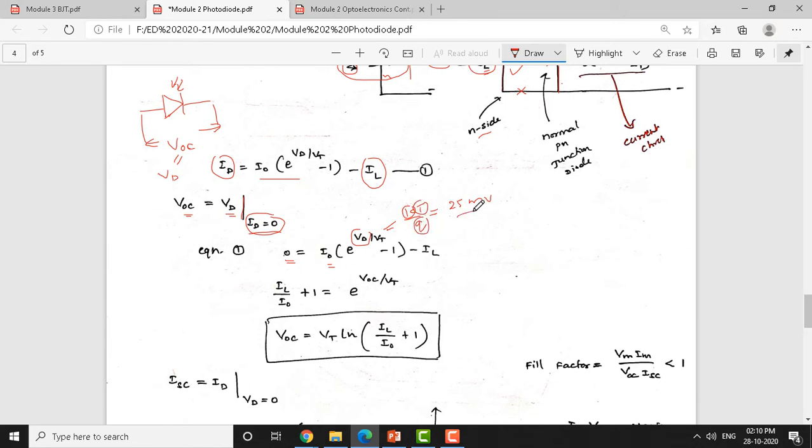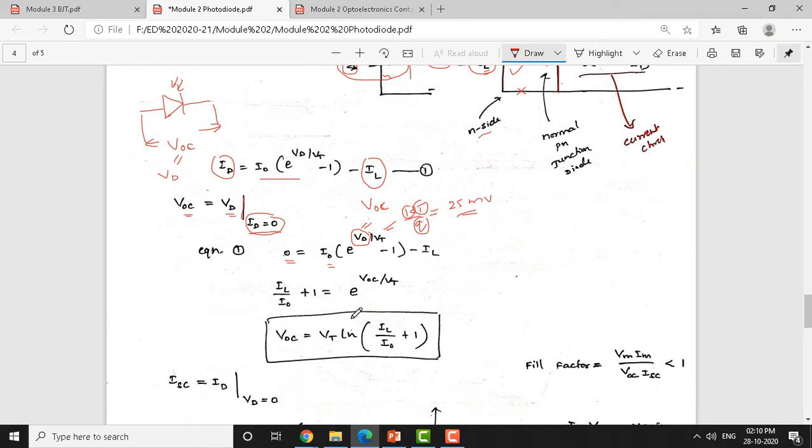Now you can rearrange each term and substitute VOC in place of Vd, and the resulting equation will be as shown here.